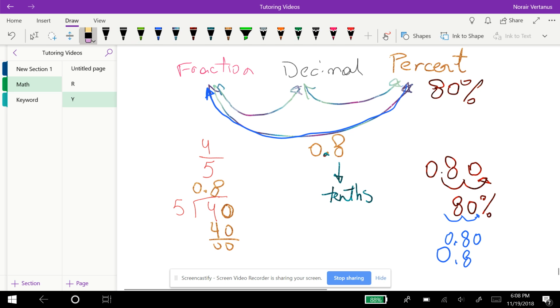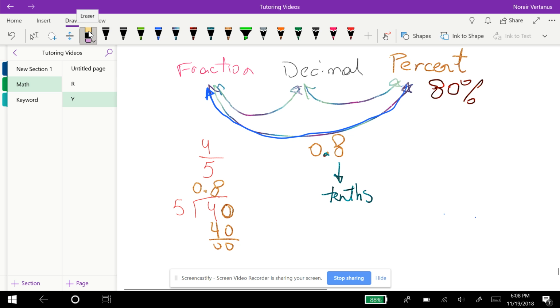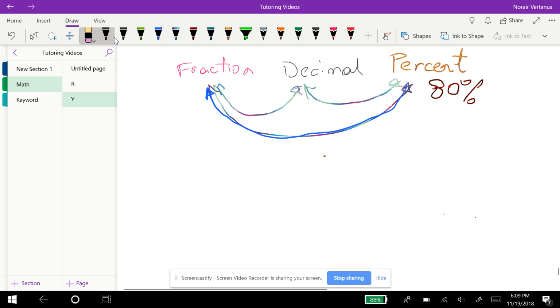So let me erase these. Converting a fraction to percent: how are we going to convert this 4/5 to percent?